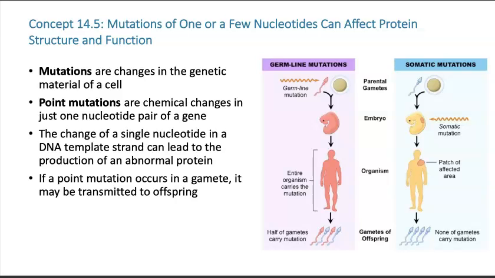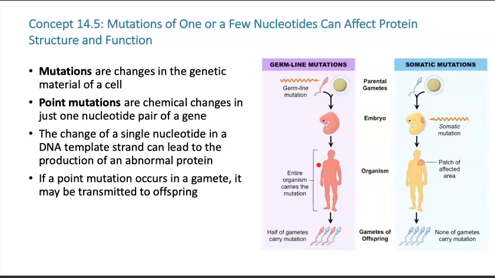Now, depending on where this happens, it can have really important differences. For example, if the mutation happens in the germline, and by germline we mean if it happens in the egg or the sperm, then when that egg and sperm meet up and fertilize and form the embryo, that embryo is going to have that mutation in every single cell of its body.